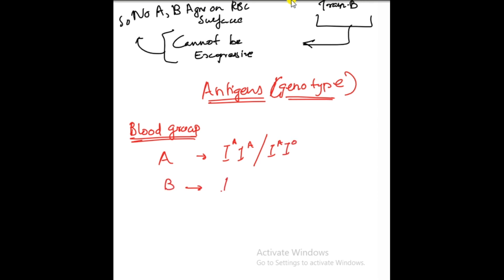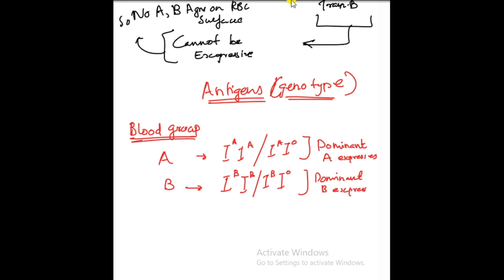Now the genotypes. Blood group A has IA IA or IA IO. B has IB IB or IB IO. Dominant A is expressed in case of blood group A, and dominant B is expressed in case of blood group B. And AB has IA IB, where both are expressed at the same time, which is codominance.